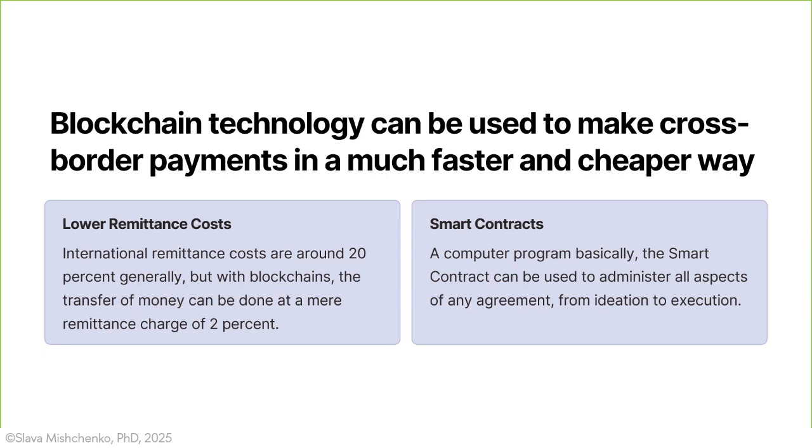What I found most compelling is how this technology democratizes access to financial services. When we reduce costs and increase speed this dramatically, we are not just improving efficiency, we are opening up new possibilities for global commerce and financial inclusion.